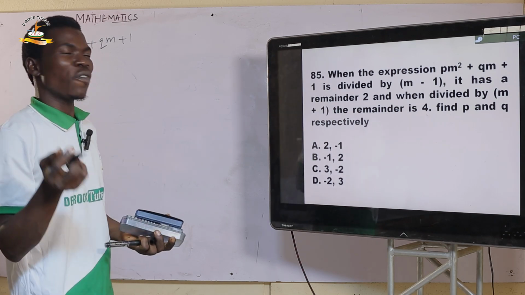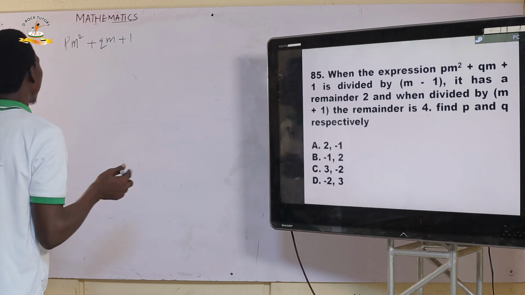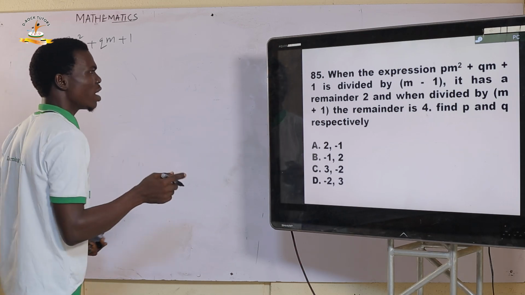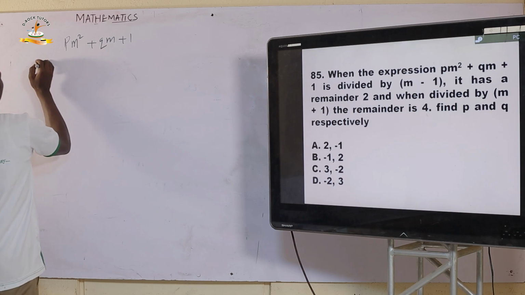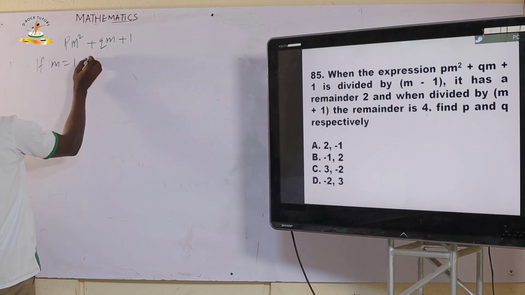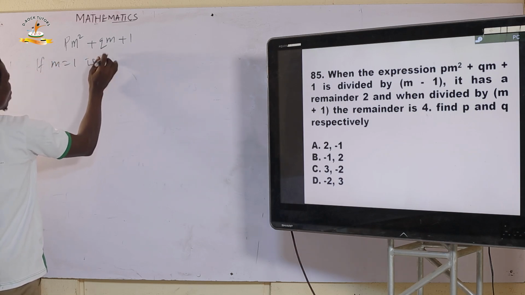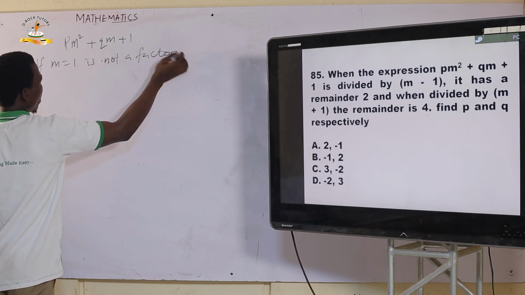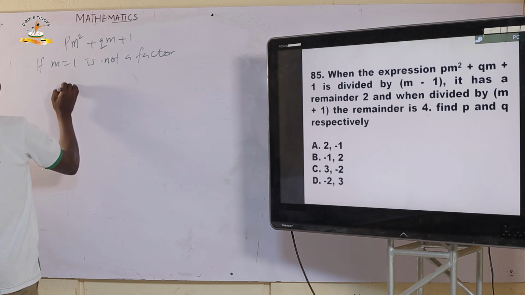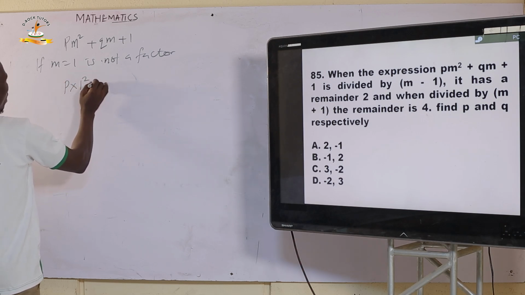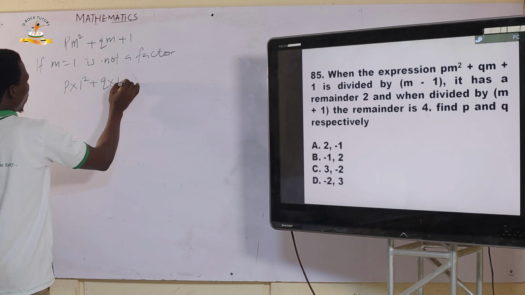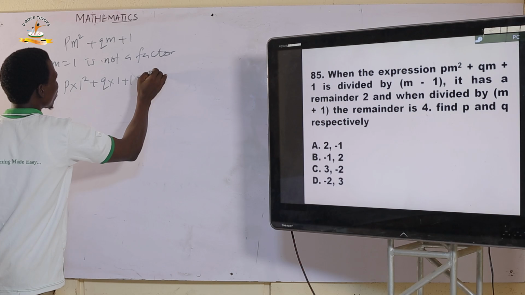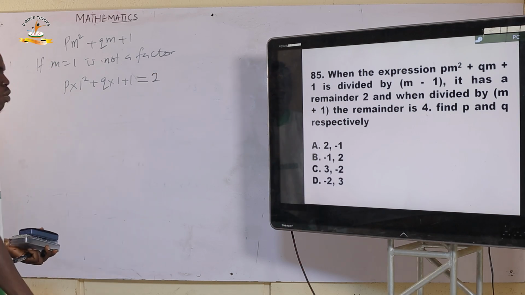We assume that if m equals 1 is not a factor, then the remainder is not going to be 0, but this time around it's going to be 2 according to the question.